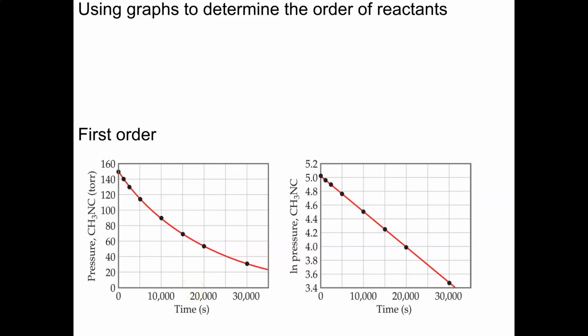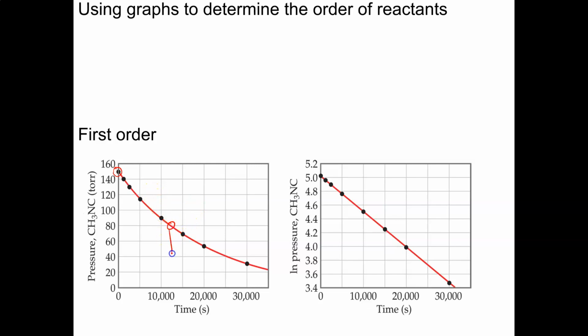The other thing that you want to note about first order is that you can actually determine the half-life based off it. So this is about 150. Half-life is half of that. So what's 1/2 of 150? 75, right? So 75 will be right around here somewhere. So you can figure out the half-life.